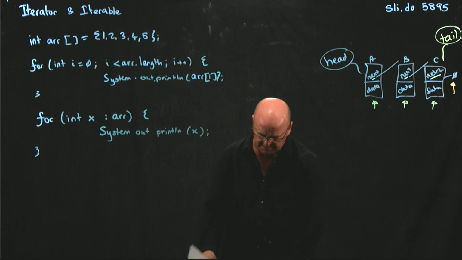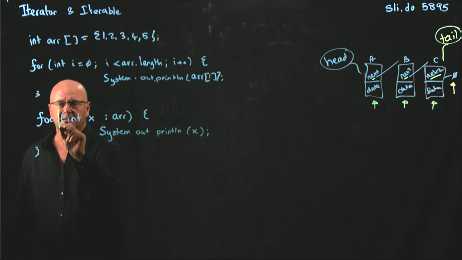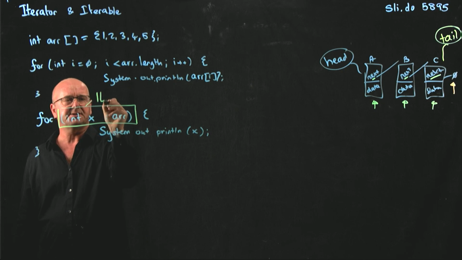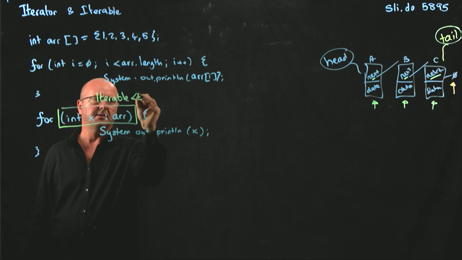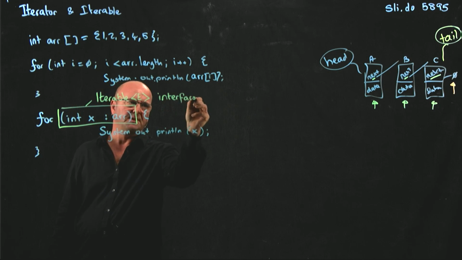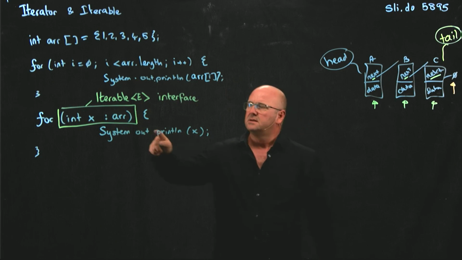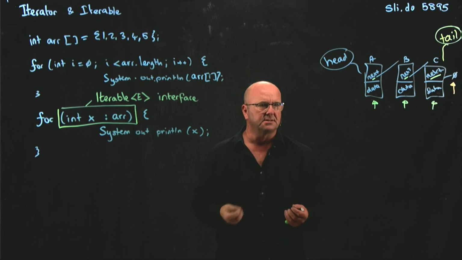They're equivalent code, and to do this, you need to implement the iterable interface. If you implement the iterable interface, Java will allow you to do that. That's cool, we should do that with our data structures. That's what we want to do.